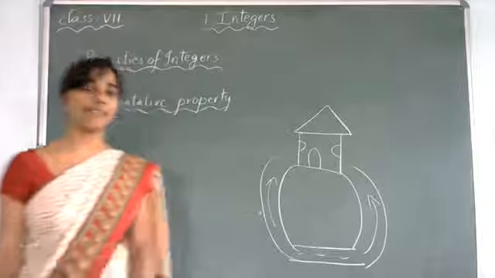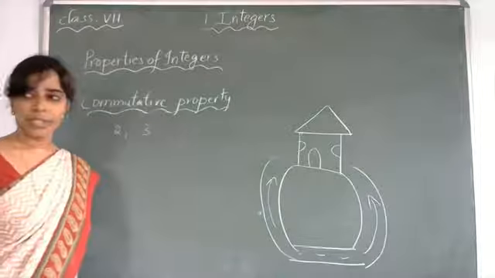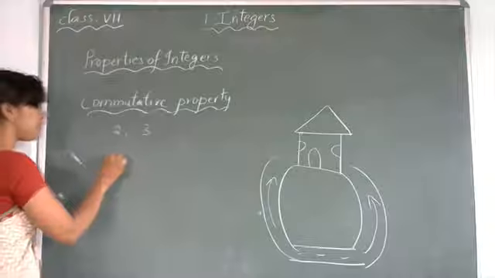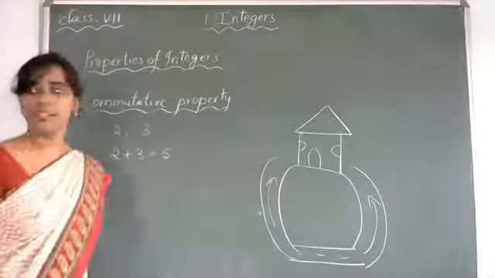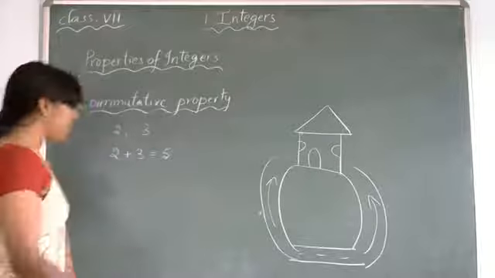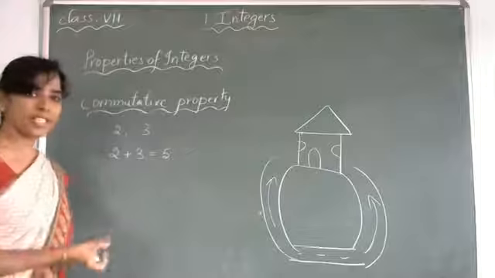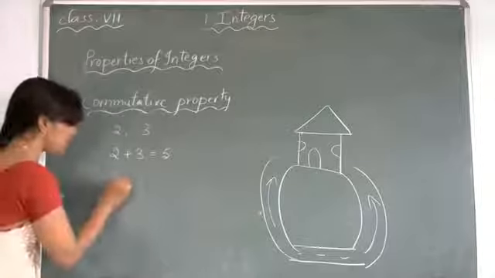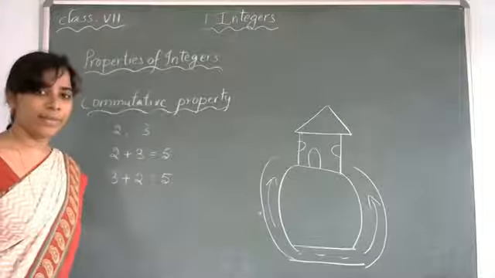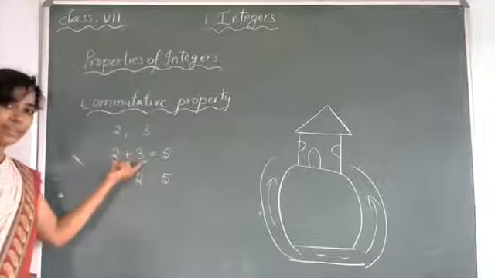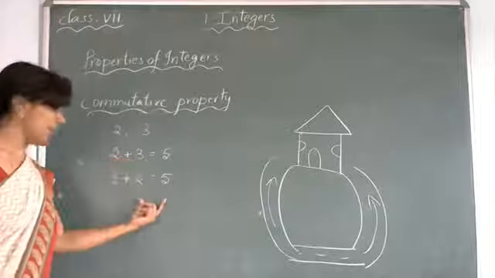In the same way, if I take any two numbers, 2 and 3, and add them, 2 plus 3, the result is 5. Then if I reverse the position of the numbers, 3 plus 2, I also get 5. That means if we add two numbers in any order, the result is the same.